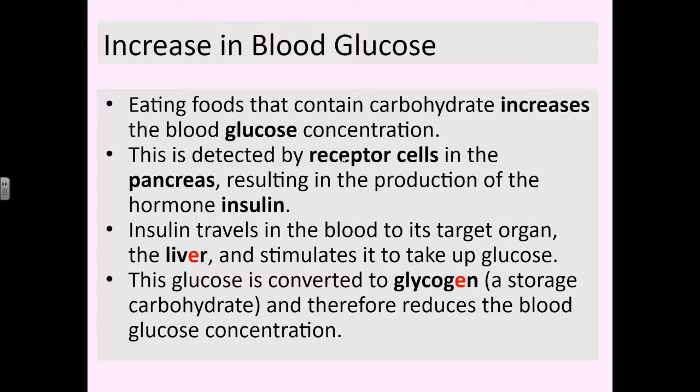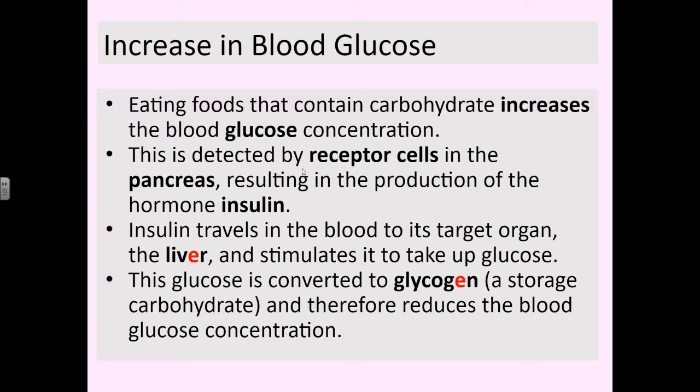The glucose concentration in your blood is detected by the pancreas. It has receptor cells on the outside that are constantly saying how much blood sugar Mr. Collier's got in his blood. And that will result in either the production of the hormone insulin or glucagon. If your glucose concentration in the blood goes too high, your pancreas will release insulin.